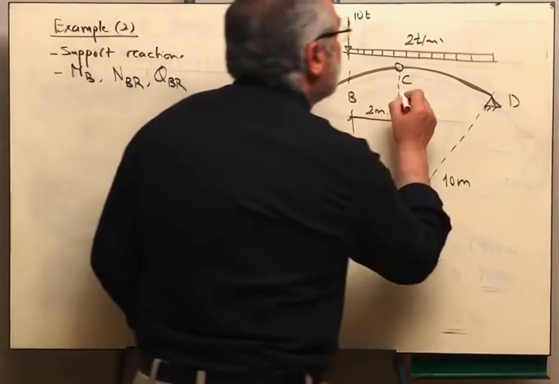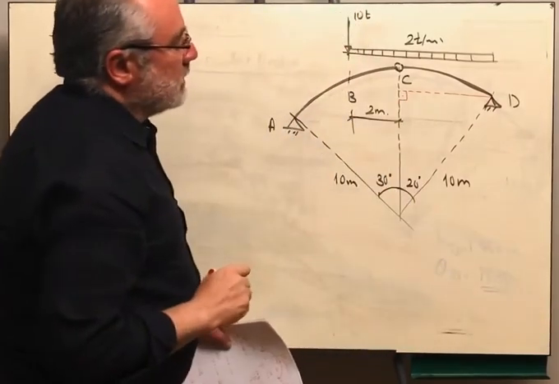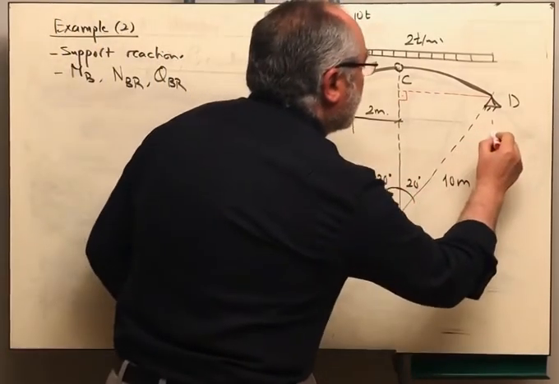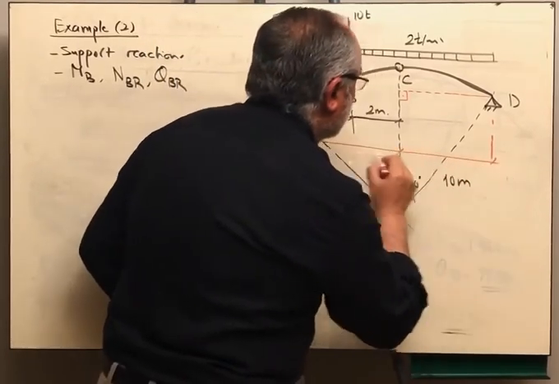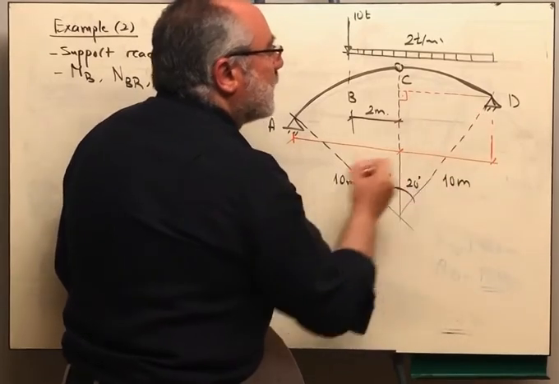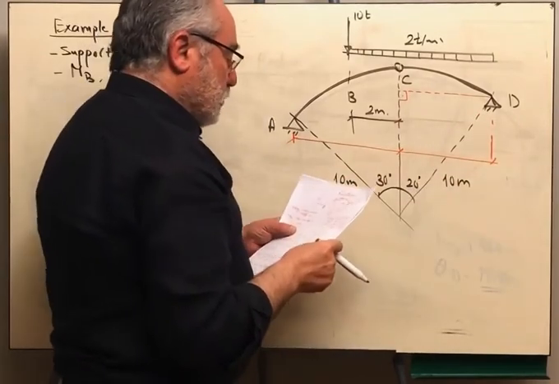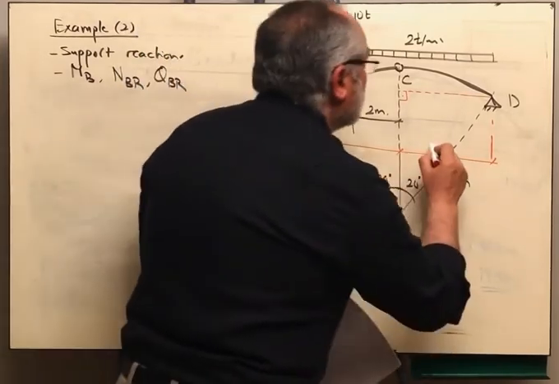Now, from this right angle triangle, we can get this distance here. This distance will be 10 sine 20. If you did that, this will be 3.42.